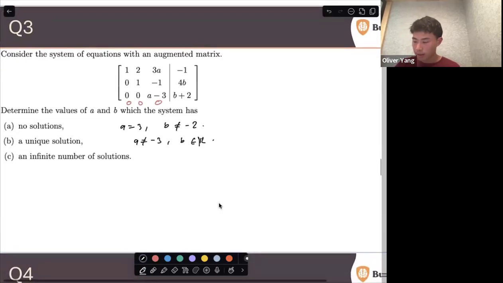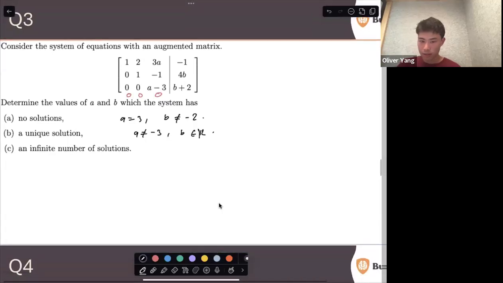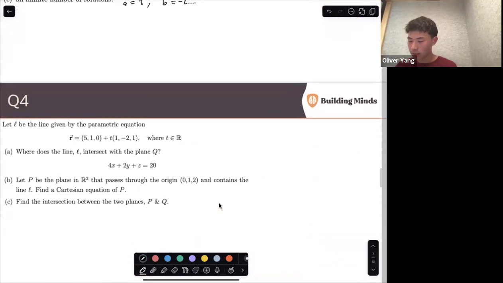And then infinite, oh, +3, yeah, whoops, my bad. I'm just blind. And then infinite number of solutions would be A equals 3 and B equals -2. So this one was fairly easy to do. All right, let's go to the next one.